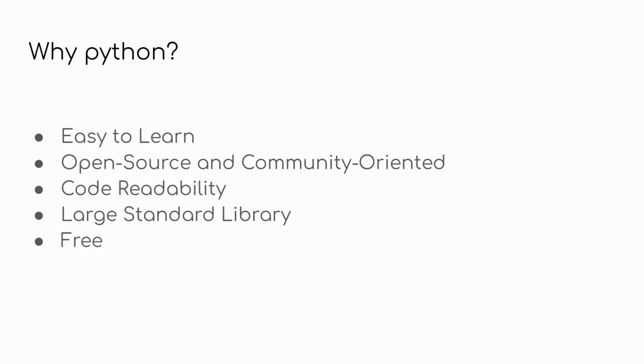You could just Google strings in Python, and you'd see a lot of helpful resources you could work with. Also, code readability: it's the programming language closest to human language, so you can easily work around Python as a beginner.